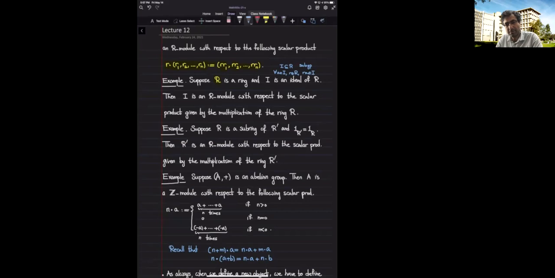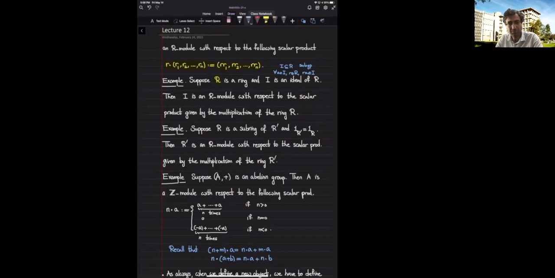But if you remember, these are precisely the conditions of being an ideal. So what I'm saying is that a subset of R is an R module with respect to multiplication of the ring R in the ring R precisely when it's an ideal.